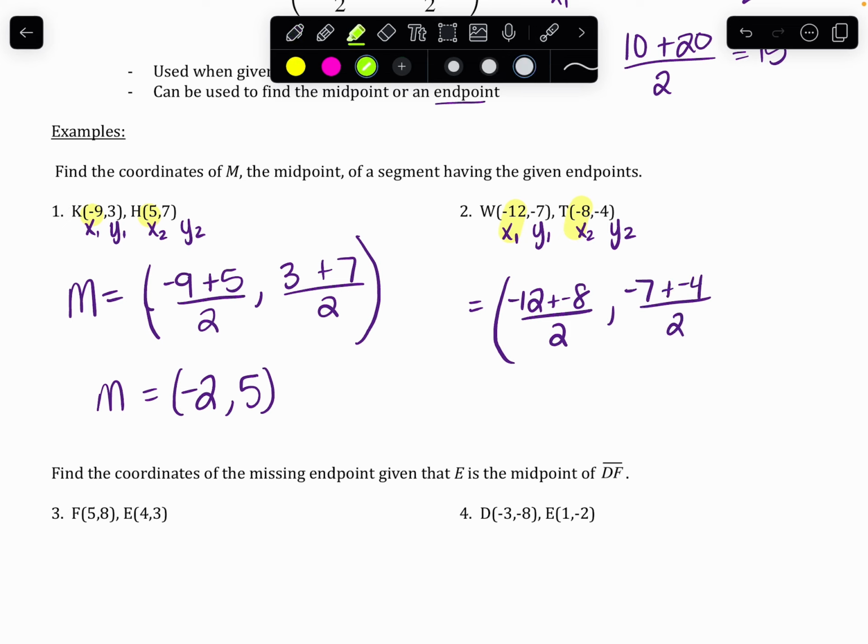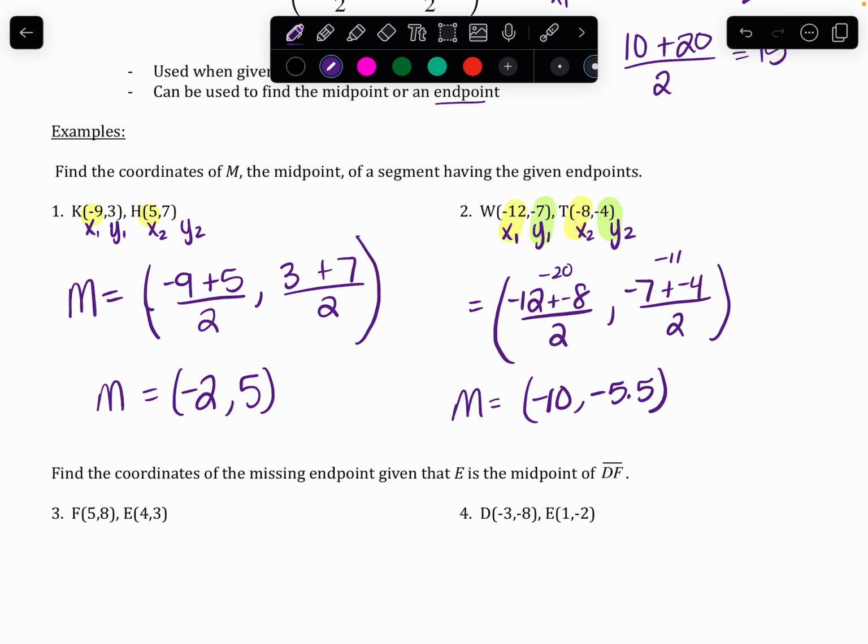So we're doing the y coordinates together. So -12 and -8 is -20, divided by 2 is -10. And -7 and -4 would be -11, divided by 2, which would be -5.5. So that would be my midpoint there.